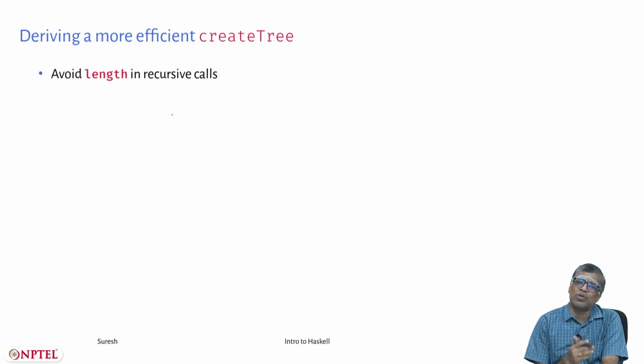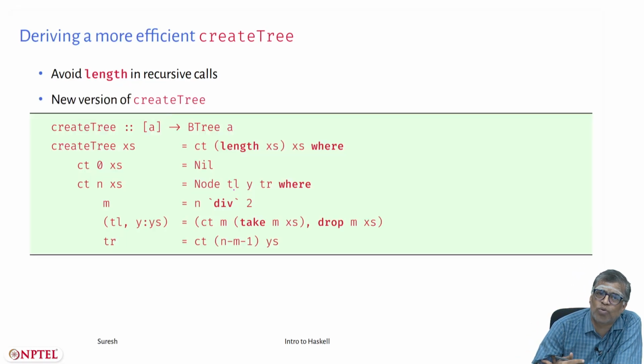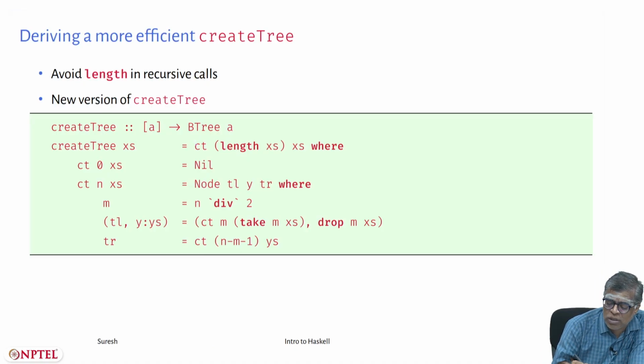So you can actually derive a more efficient create tree by avoiding length in the recursive calls. Here is the new program; you could actually derive it, but I am directly presenting it, and the intuition should be clear. So I am calling this CT instead of go. Create tree of xs is CT of length xs xs.